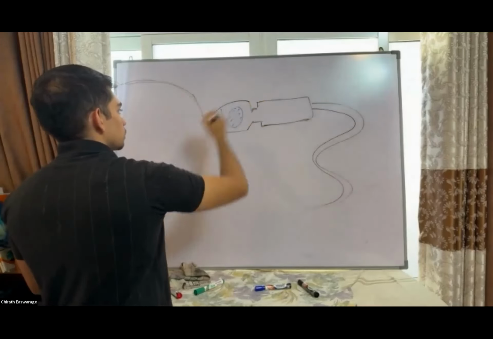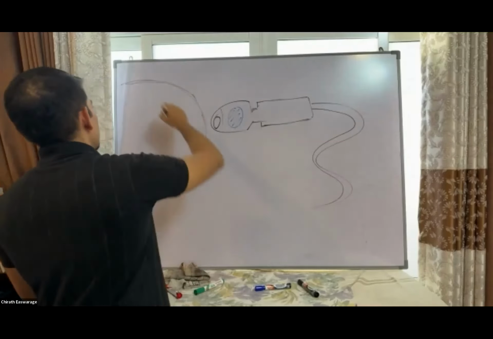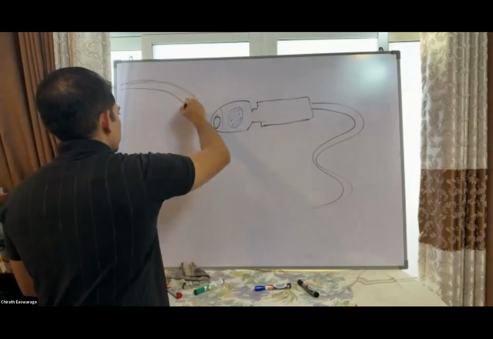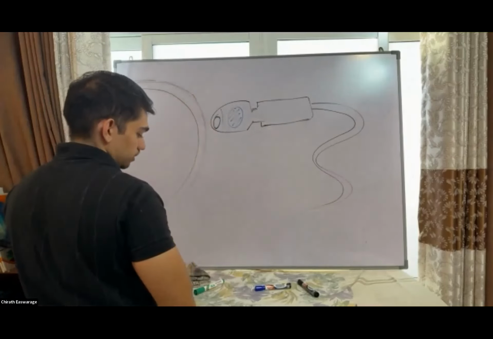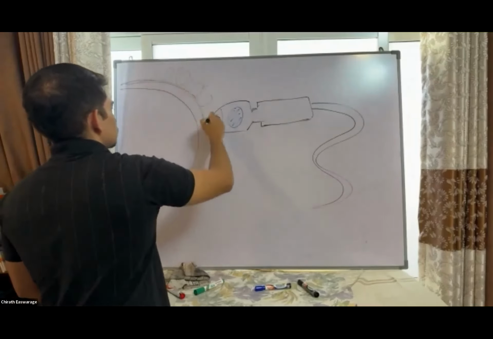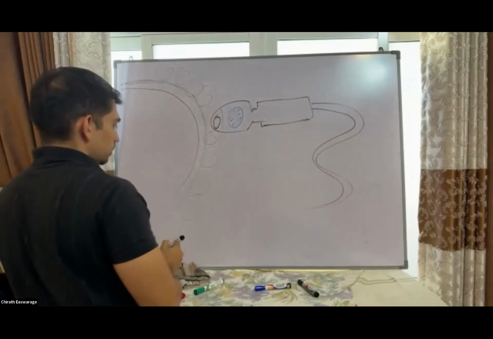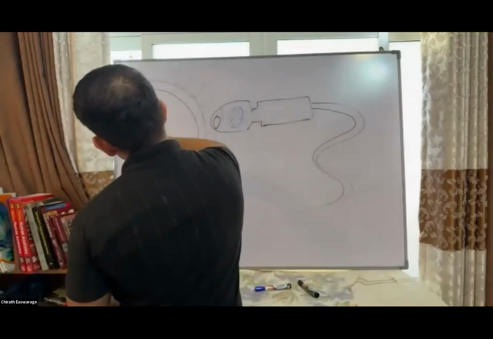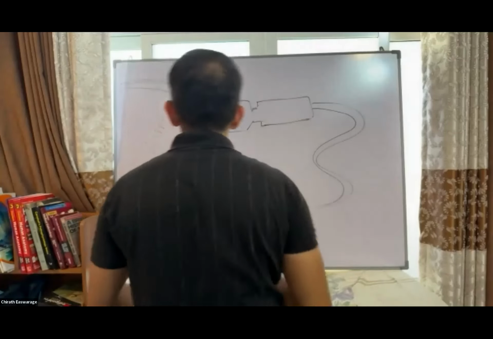The female egg has several protective layers as well as protective cells around it. So inside this is the egg, the ovum. We call the egg the ovum, right?